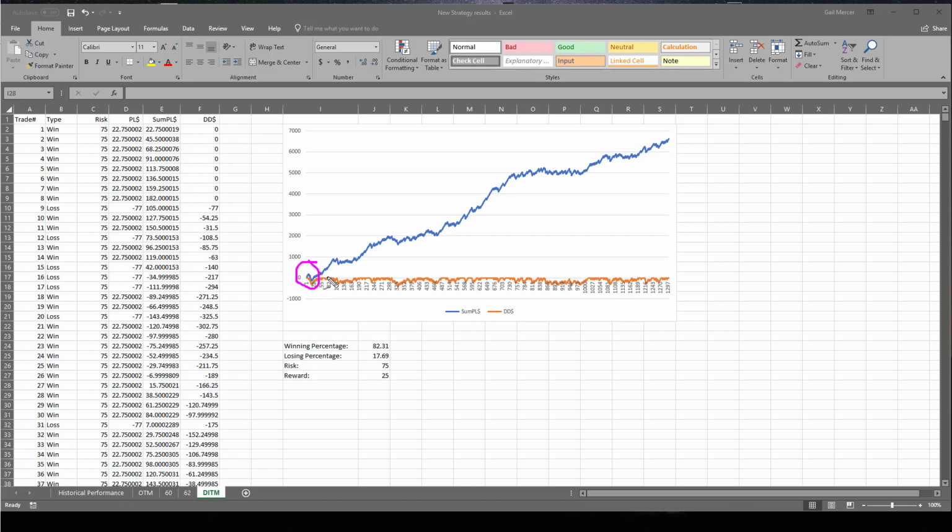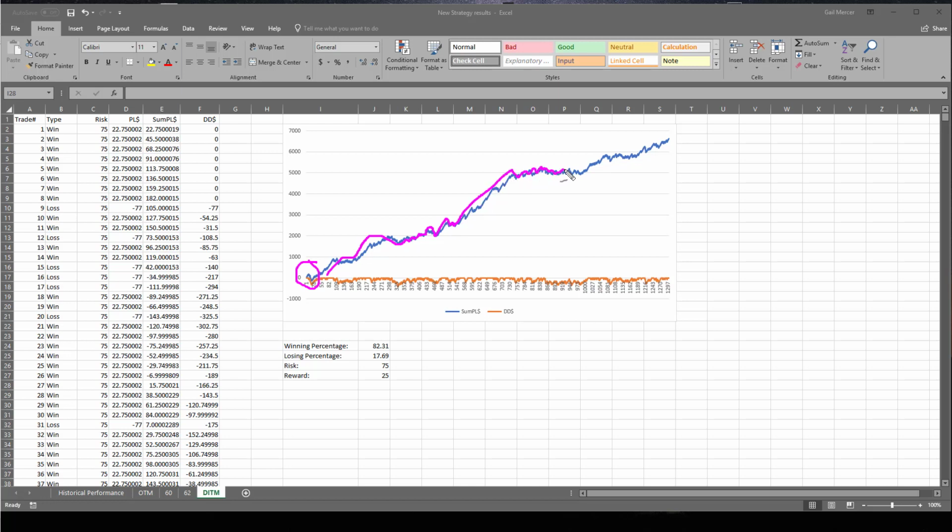In fact, you make some and then you make some money. And then you don't do anything and then you make some money and then it draws down and it's kind of rocky a little bit. Then you make a new high, give some back, make some, nothing for a while. Then, of course, you make new highs.